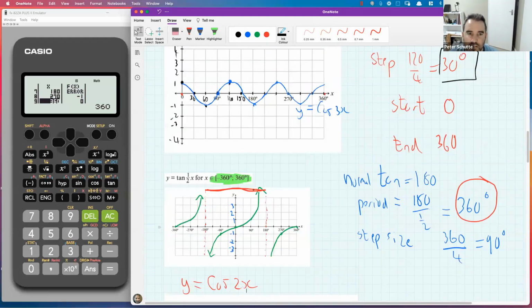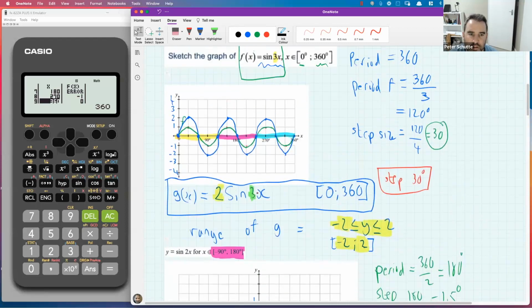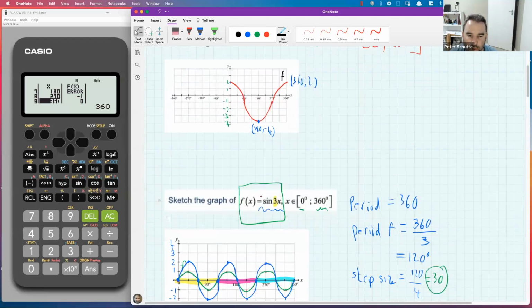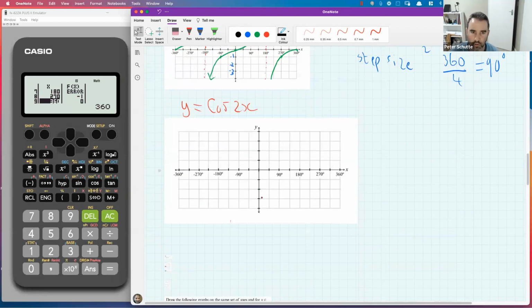Have we drawn that yet? Let's have a look. I don't think we have. Sine 2x, sine 3x. No, we haven't. Okay. So you're going to draw me the graph of cos 2x, and you're going to draw it from minus 180 to plus 180. And again, this is changing the period of the graph because of the 2 in front. Over to you guys.